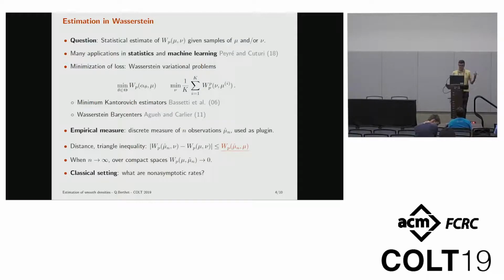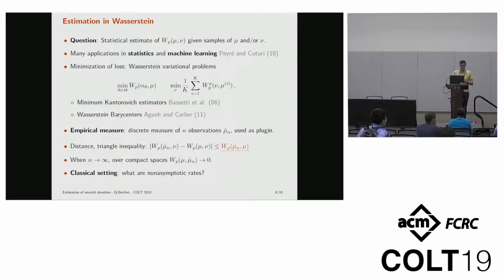So often, from a statistical perspective, then these distributions mu or mu i are not known, and we have sample access to it. And often what is done is to use directly the empirical measure, right? So this average of all the Diracs of all the observations that can be plugged in directly. Because it's a distance, then the only thing that needs to be understood is the difference between the distance between this empirical measure mu hat n and mu, right?